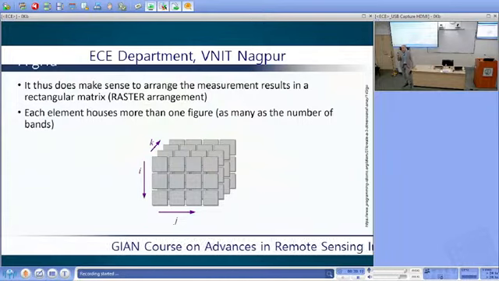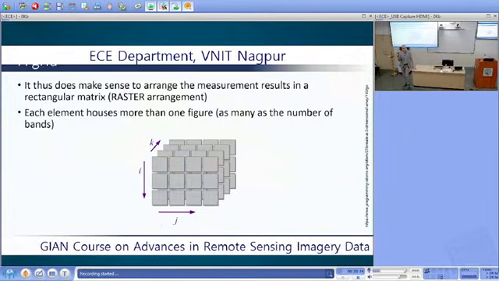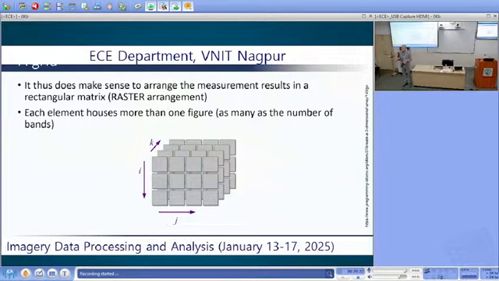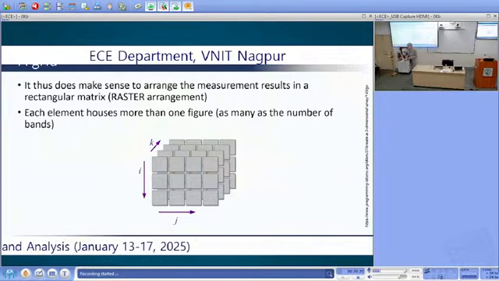Okay, so every time you fly a satellite and the satellite is in operation, you're basically generating a 3D structure of data. 3D structure because two of the dimensions are spatial. They relate to the specific location where you're doing a certain acquisition. And the third dimension relates with the spectral characteristic.